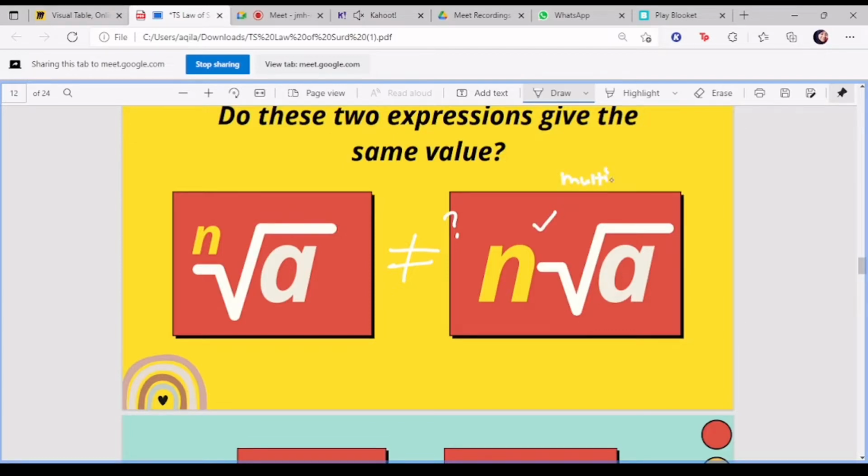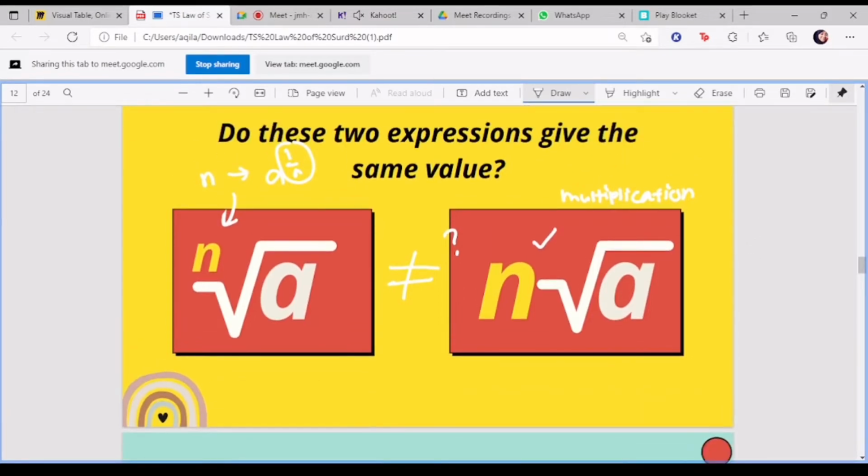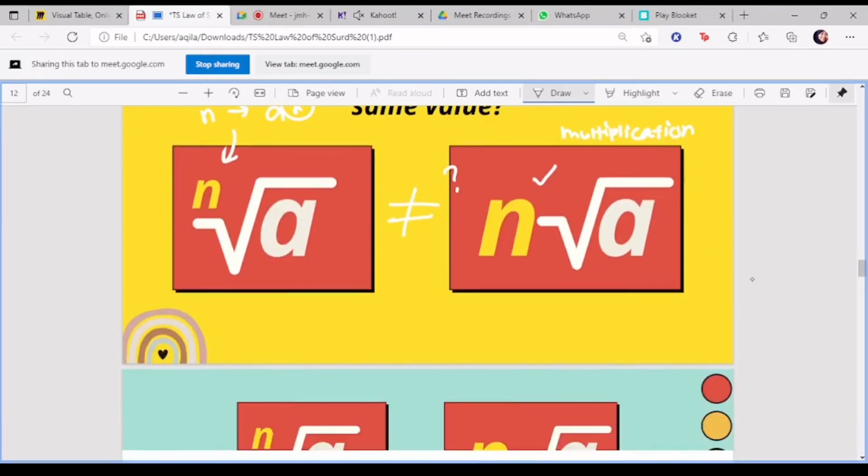Multiplication. So how about the left one? The value of n is the power, right? The power. Okay, so we will see how you would determine the value.